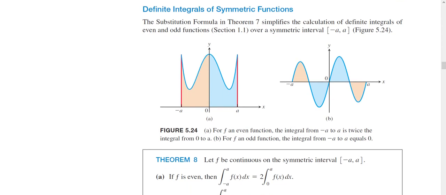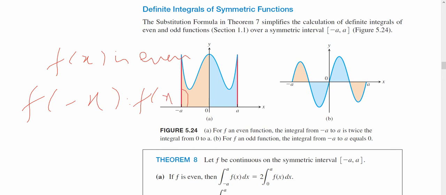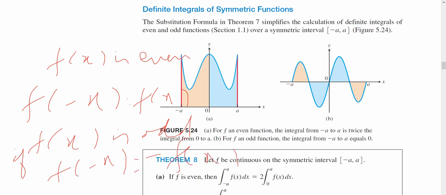Now there are a few results for symmetric functions. If a function is an even function, we already know that f(x) is even if f of minus x is equal to f of x, and f(x) is odd if f of minus x is equal to minus f of x, right?